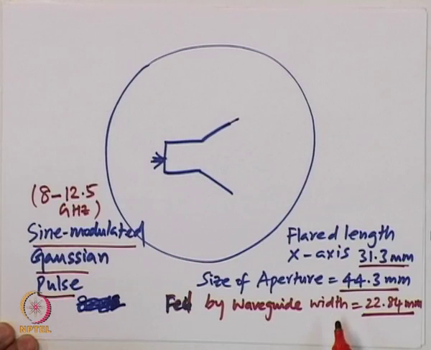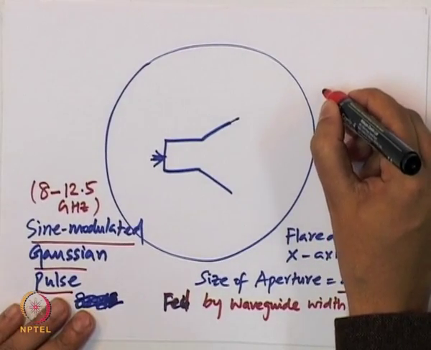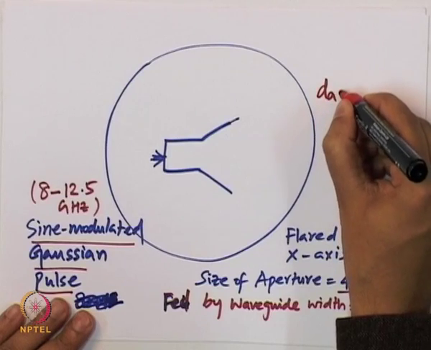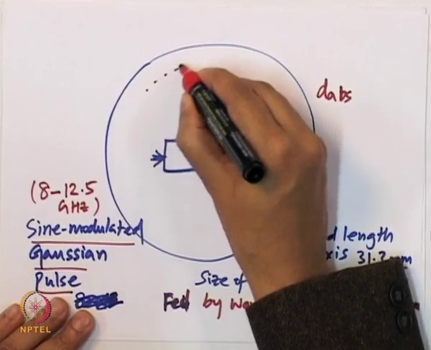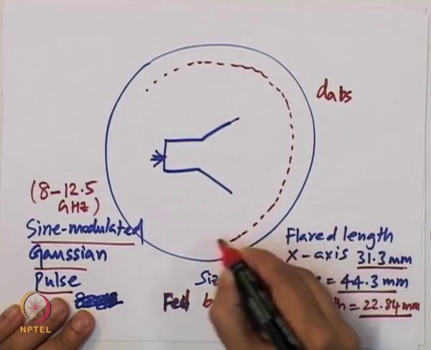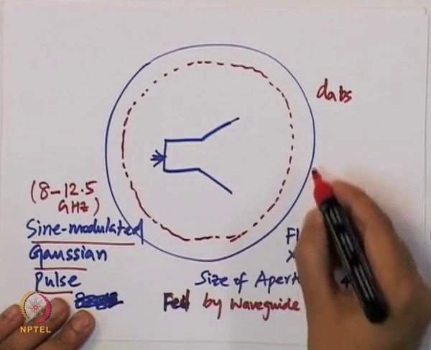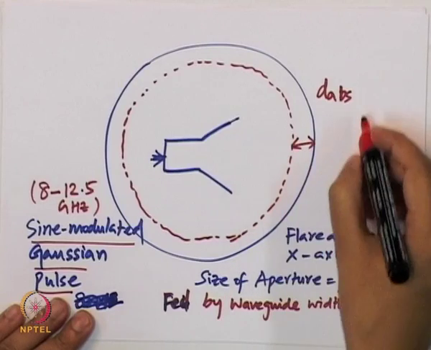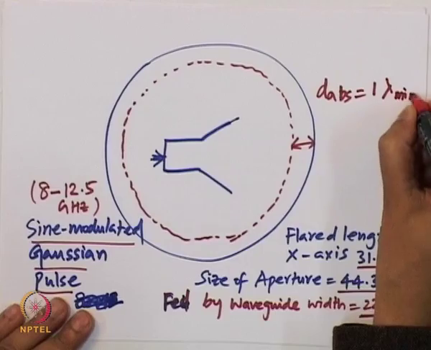We are talking about various dimensions here, as we discussed. In most cases, in fact in all cases, the thickness of the absorber, which is basically this thickness, is equal to 1 lambda minimum.